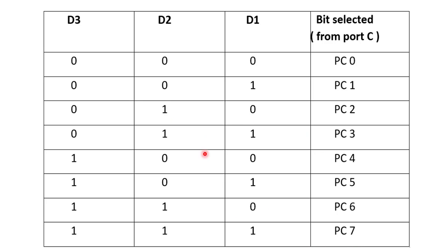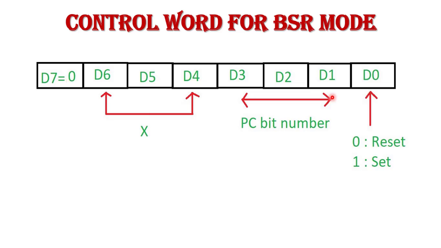So in this way we select the bit of port C, but only one bit can be set or reset at a time with the help of the D0 bit. So this is the control word of bit set or reset BSR mode.